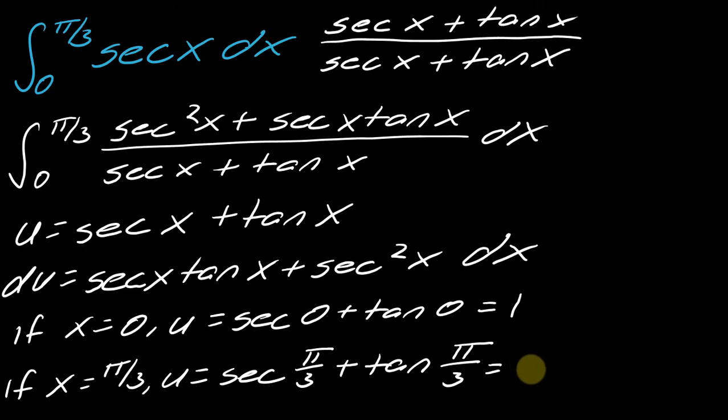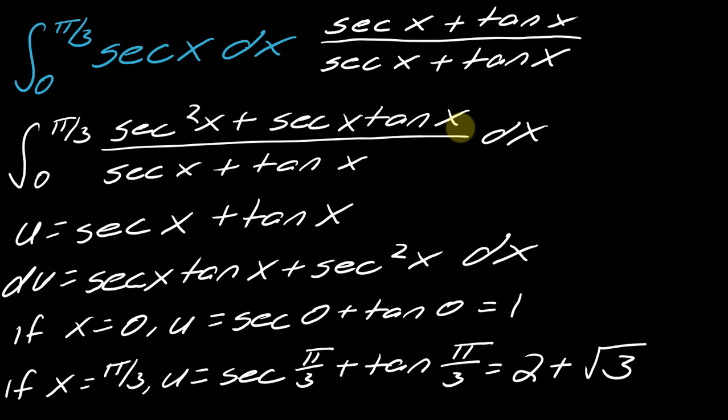Secant pi over 3 is just 2. And tangent of pi over 3, remember you're taking sine over cosine, so that'll just be the square root of 3. I think that's it. Let me double check my math. Yeah, that's right. Okay, so now I can make these substitutions into this integral here.